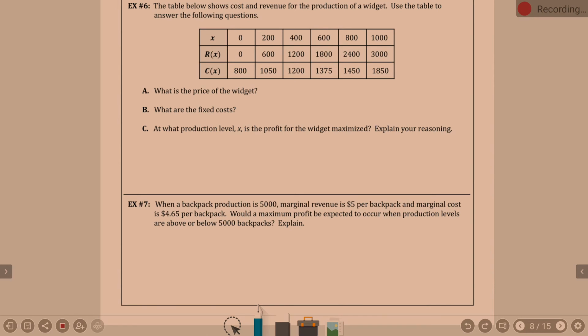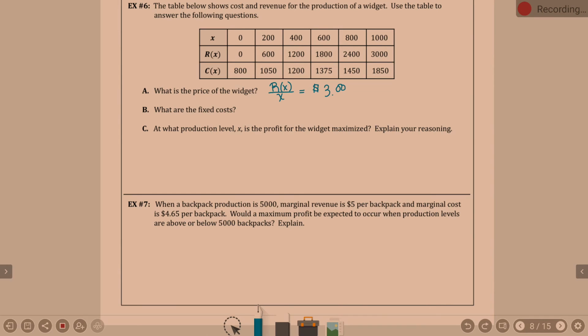So to get the price of one widget, take your revenue and divide it by its equivalent X. The revenue at a certain level divided by how many were sold, and any way you slice it, you're going to get 3. So the price is $3.